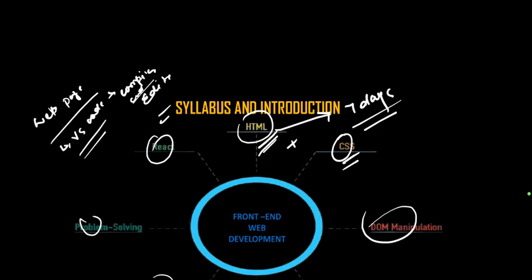Here the data is not updated, but you can write here HTML 5, the current version. So this is the basic information about what HTML is, right?